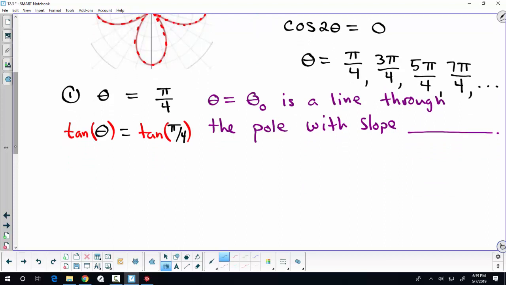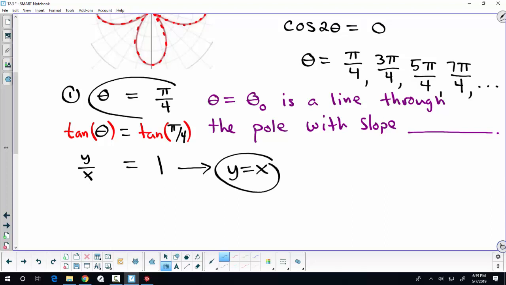Tangent of pi over 4 is 1. Tangent of theta is y over x. It is sine theta over cosine theta, but it's also defined as y over x, which means y equals x. So that's the same as this line right here.